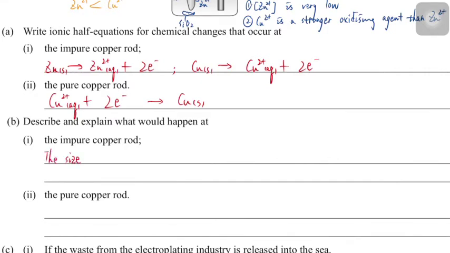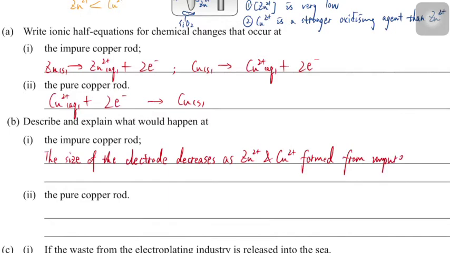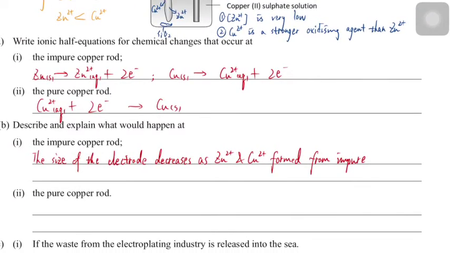The size of the electrode would decrease, as zinc ion and copper 2 ion form from the impure copper rod.